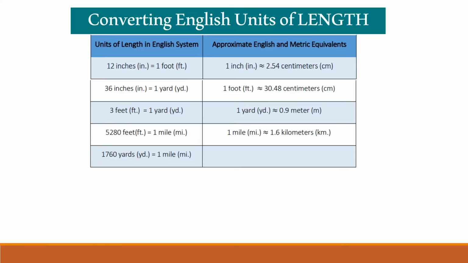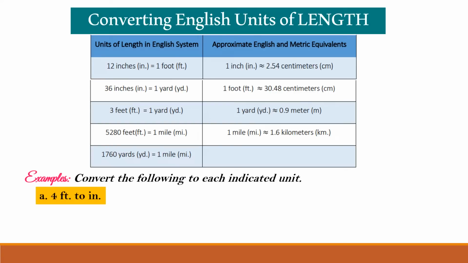Some of the common conversions that we use: 1 foot is equal to 12 inches. We also have 36 inches is equal to 1 yard. 3 feet is equal to 1 yard, and so on. Using those conversions, let us try to solve the following examples.